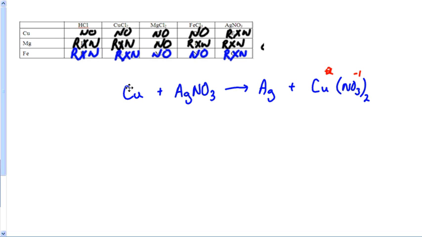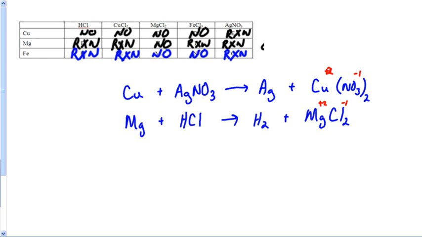Plus 2, minus 1. If you can take it one step further, I think the next one, Mg plus HCl, yields H2 plus MgCl2. Again, that's plus 2, minus 1. So explaining why I'm writing while I'm writing.